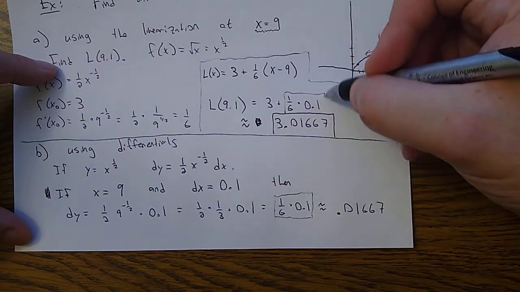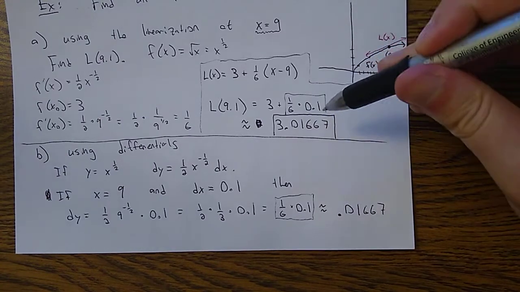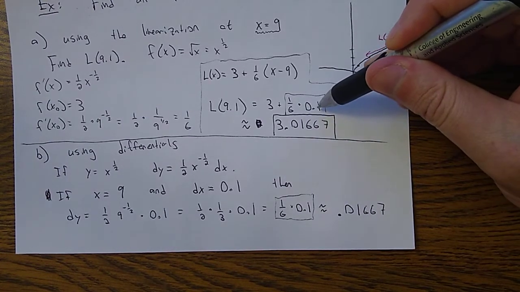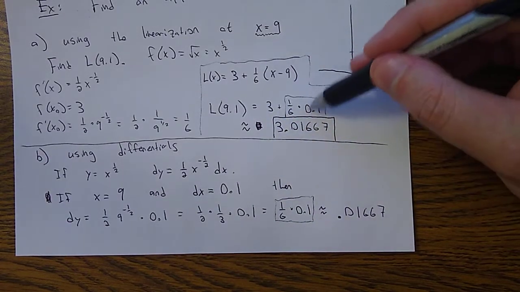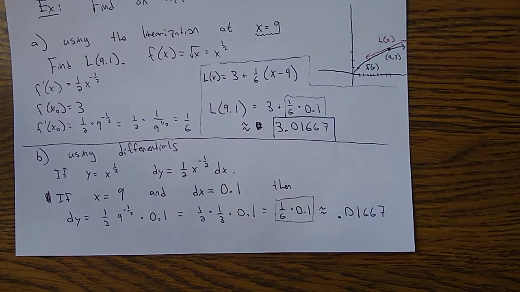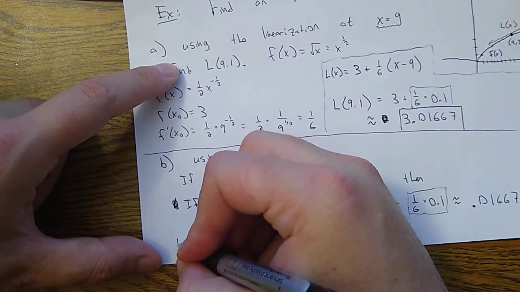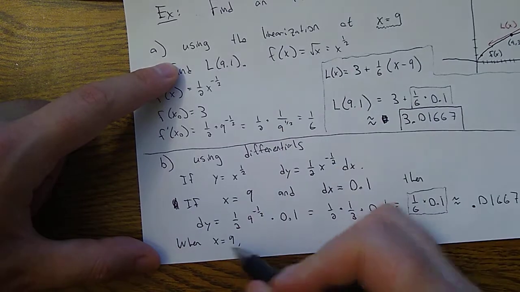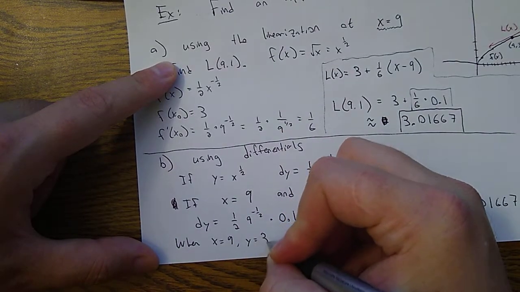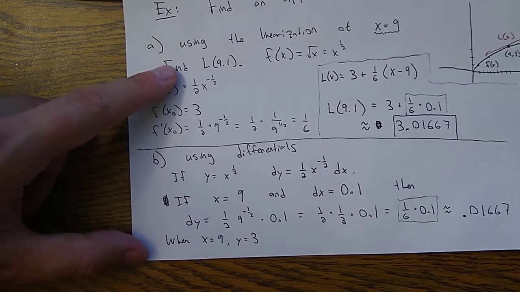That was here. This is what I described as how much we need to adjust our initial guess by. If our initial guess is 3, this tells us how much to adjust it. When x equals 9, y equals 3. Again, this is going back to the same old fact that the square root of 9 is 3.